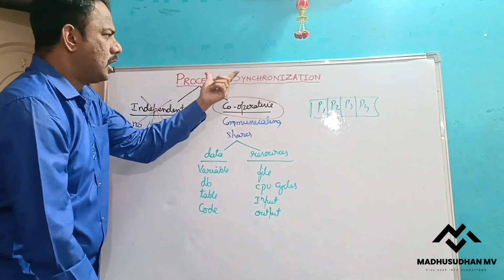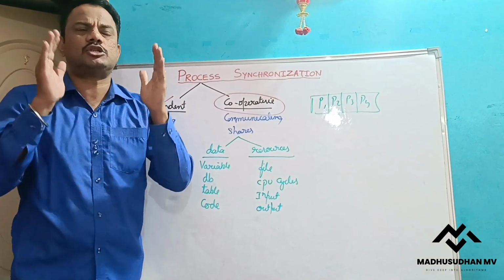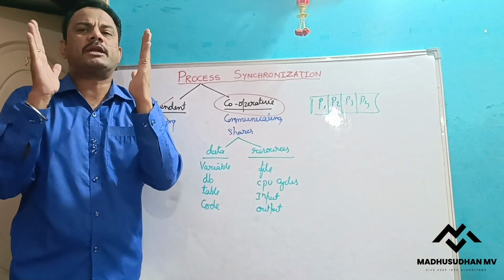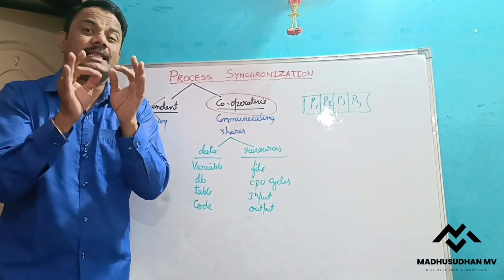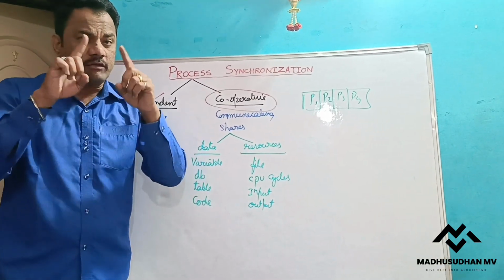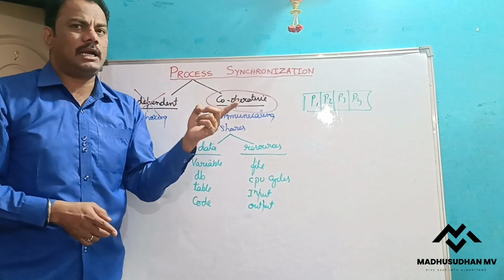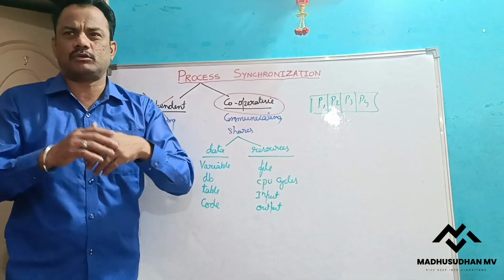We know what a process is. Now synchronization means coordination. That's it, coordination. That means there should be some coordination between the two or more cooperative processes which are sharing the same data or the same resources. If there is no coordination, it leads to inconsistency of data. There is no fair execution.